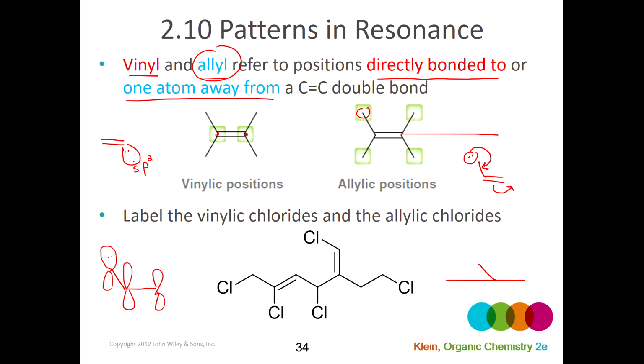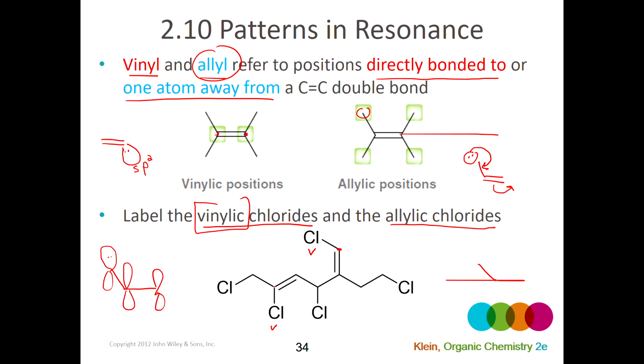And so make sure you can identify allylic versus vinylic lone pairs, as well as allylic versus vinylic chlorides or other atoms that might be attached to a chain. Right, so the vinylic ones, I'll put a V next to those. This is a vinylic chloride, and this is a vinylic chloride, because the chloride is directly attached to an atom involved in the double bond.